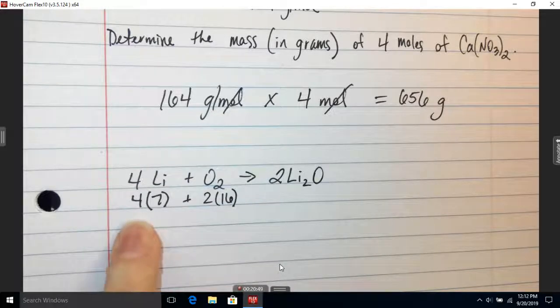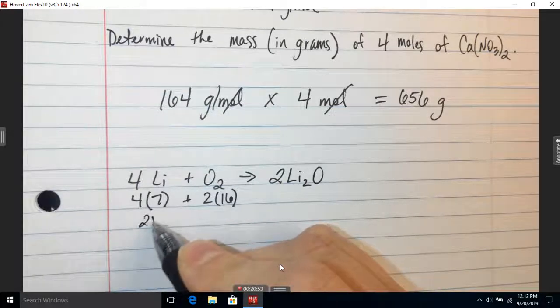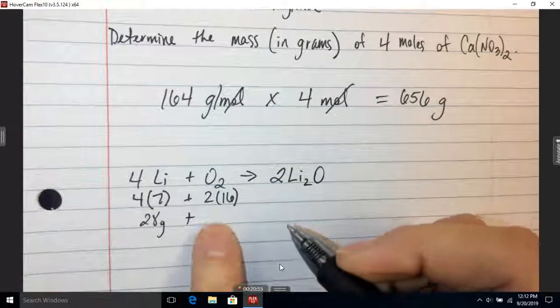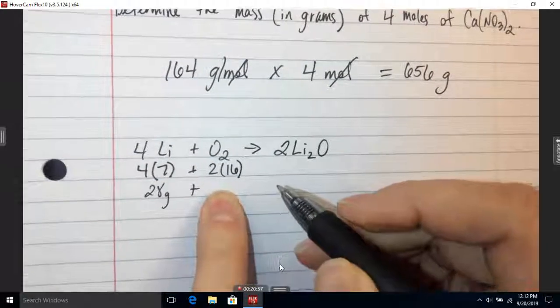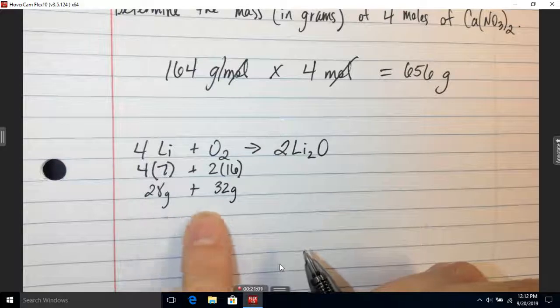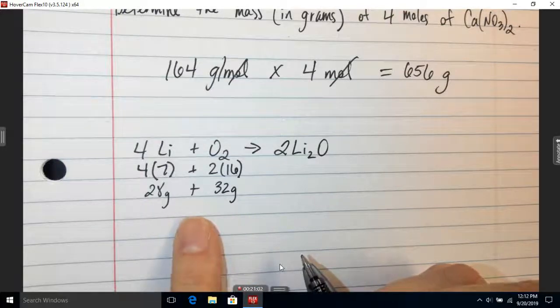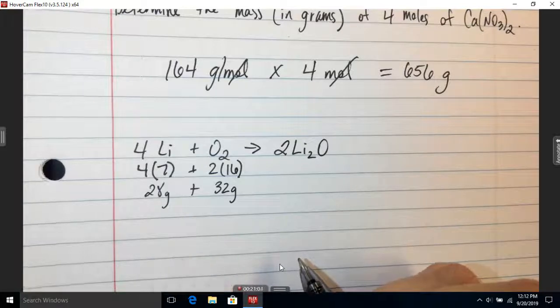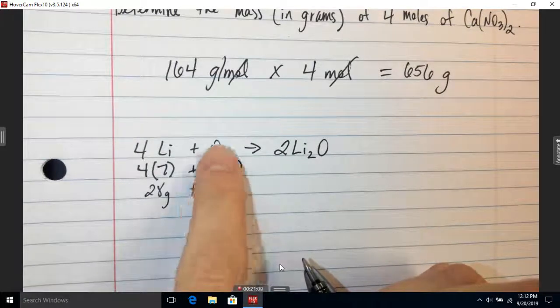Okay, so what's 4 times 7? So we got 28 grams plus 32 grams. So how many grams is this?